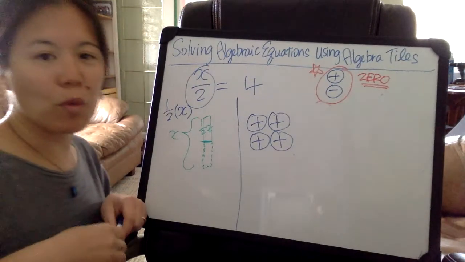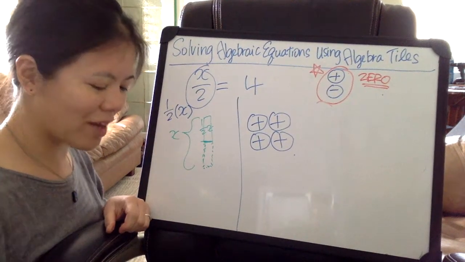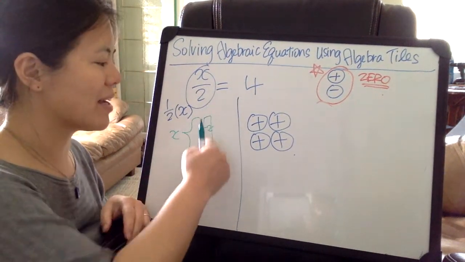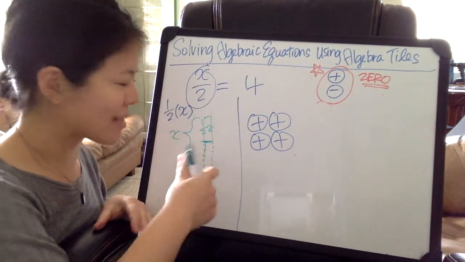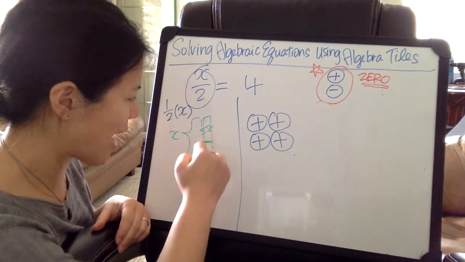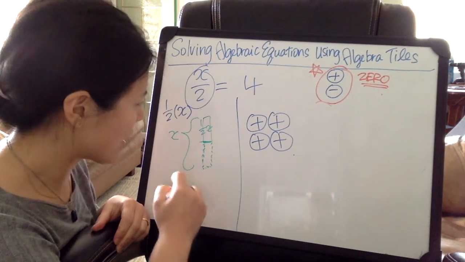So what do I need to do? I have to have 2 pieces of this in order to actually get the full x. So I want to have the other part.